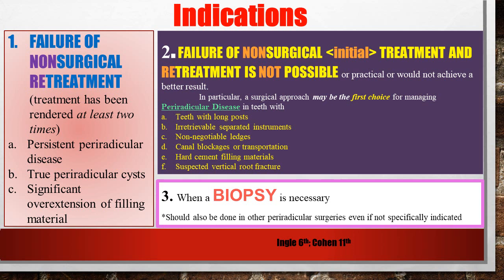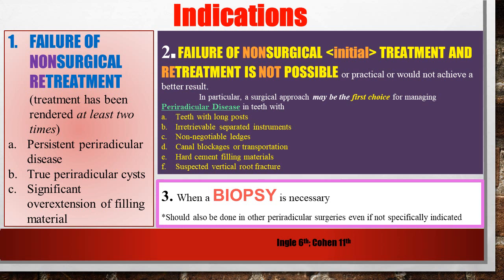Irretrievable separated instruments. So if a file has been separated in the canal and it is compromising your cleaning and shaping, or you feel that the file has gone beyond the apex, yes, we may have to perform surgery if we are not able to retrieve it. Ledges have been created during your cleaning and shaping which are non-negotiable.